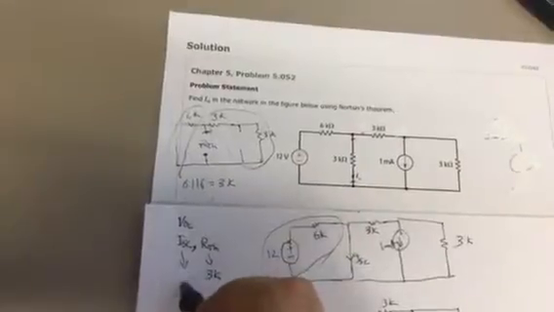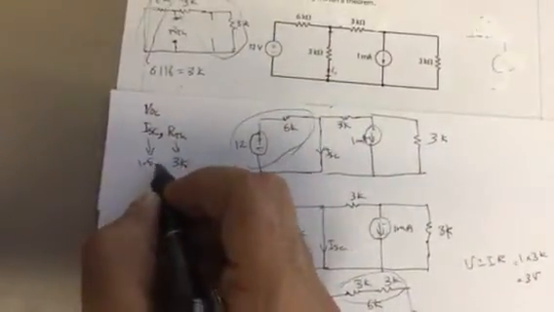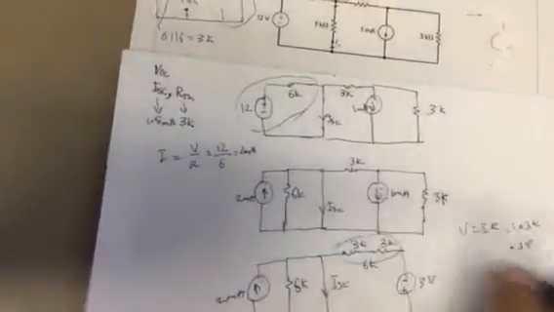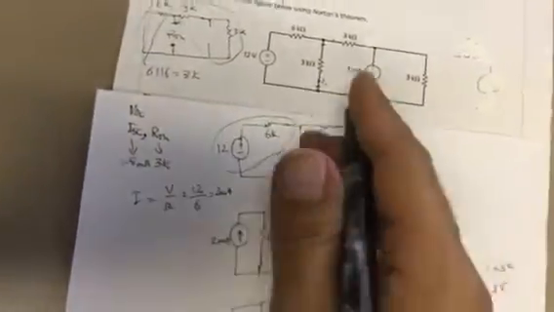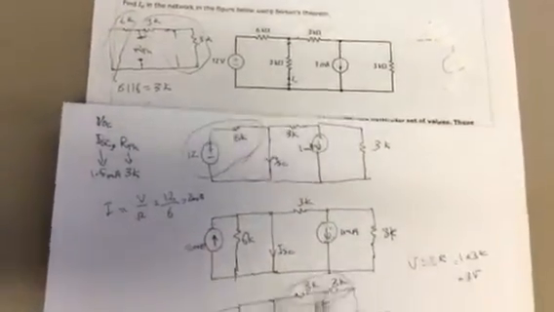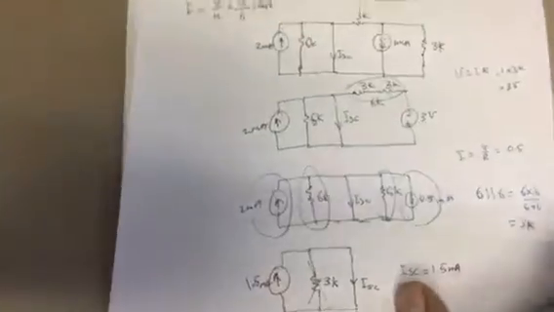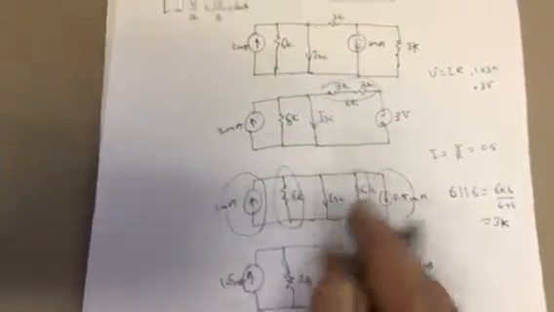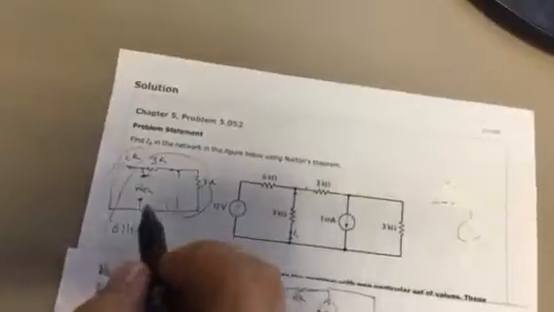And my I short circuit, we found it over here, was 1.5 milliampere. So if I want to redraw this whole circuit, I can redraw it as this. Let me draw it here for you. I'm looking at these ends.